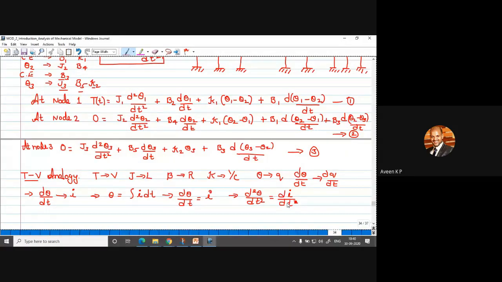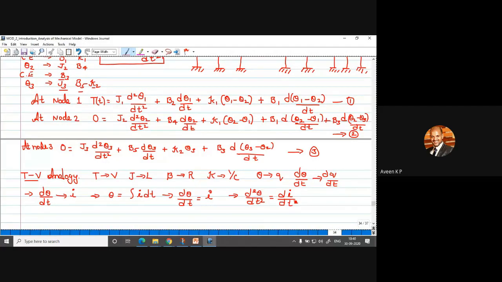I repeat, torque will be replaced by voltage, inertia by inductance, friction by resistance, and spring constant by the reciprocal of capacitance. So we shall consider theta, angular displacement, as charge, flow of charge. If I differentiate both ends, d theta by dt will be dq by dt.